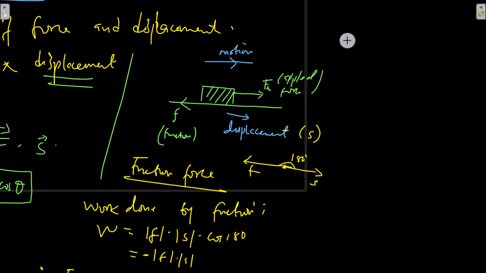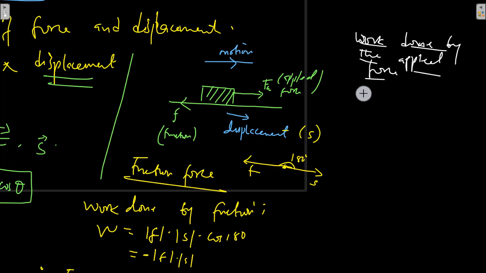Let's examine the kind of work that our applied force does. The work done by the applied force is going to be equal to the magnitude of the applied force times the magnitude of displacement.